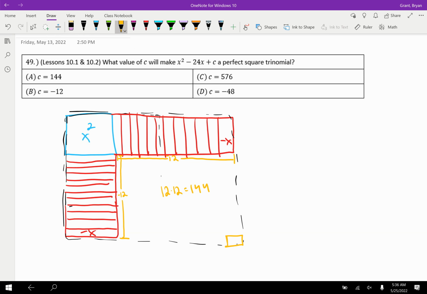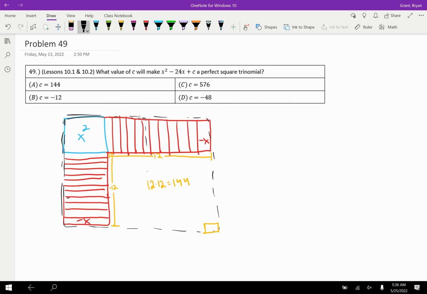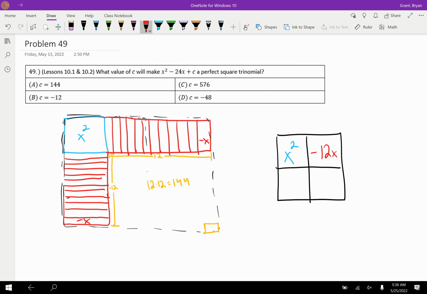So we can see that what we did is we took half of our x's and then multiplied that number by itself. Now, using a box might make this even easier to see, but the box is the same thing as the algebra tiles. So box method wise, the inside of the box, and I'll use the same colors, is going to be x squared. We split our x's in half, negative 12x, negative 12x. To find the missing space, let's figure out the outsides of the box.